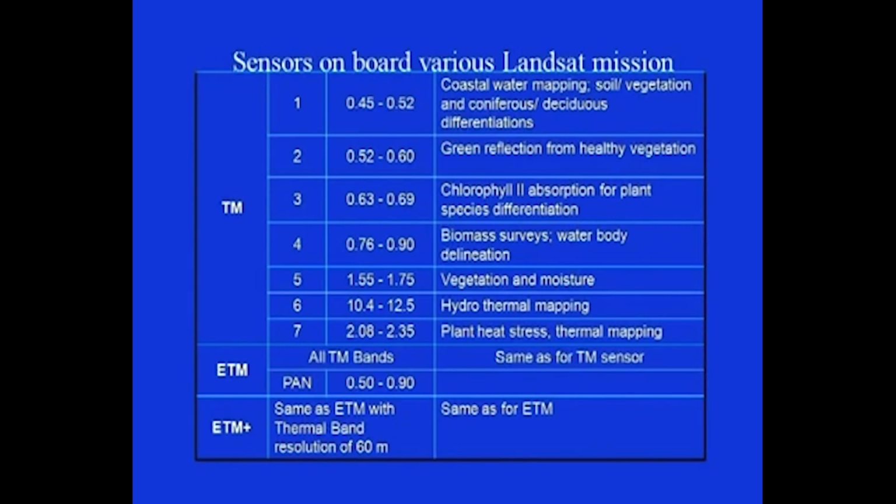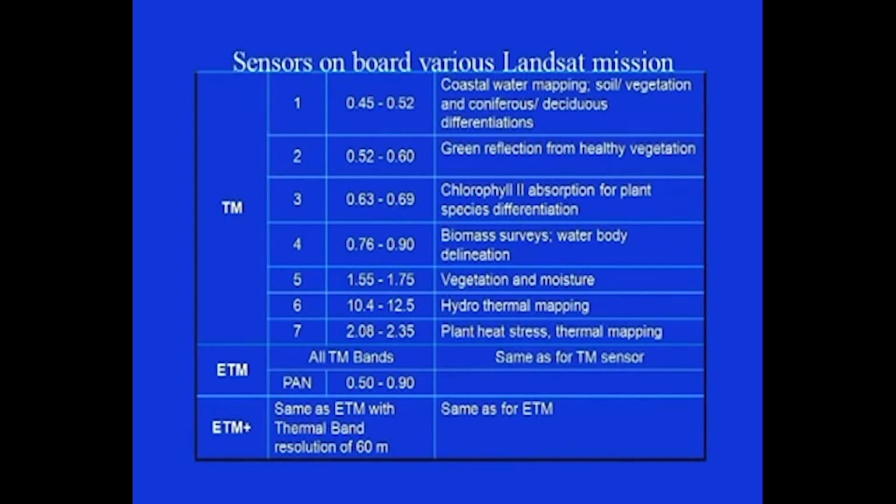TM2, which is operating between 0.52 to 0.60 micrometers, is sensitive to green reflections from healthy vegetation. TM3, which is operating between 0.63 to 0.69, is useful for chlorophyll absorption and plant species differentiation.